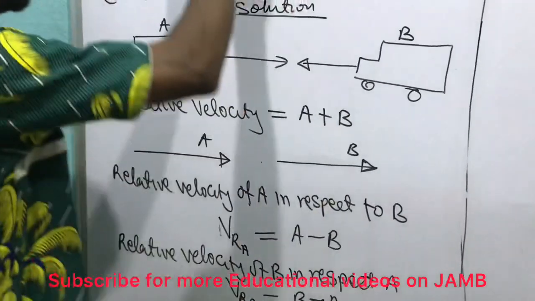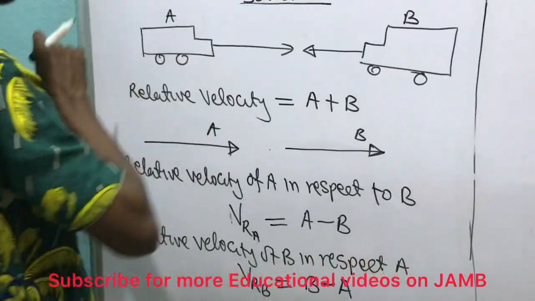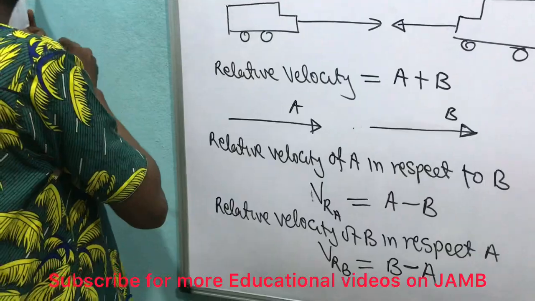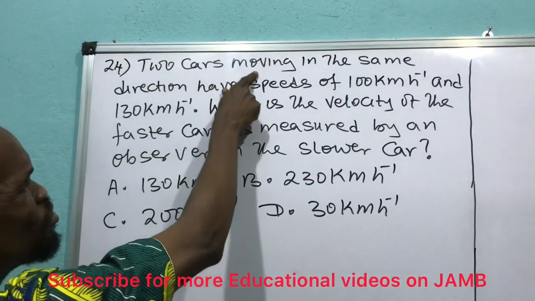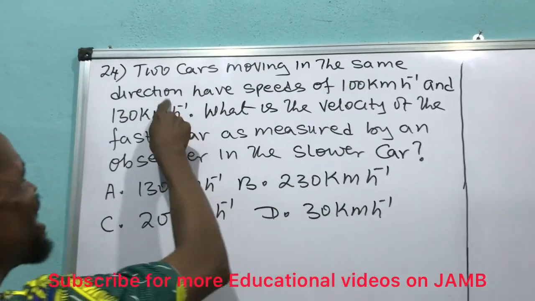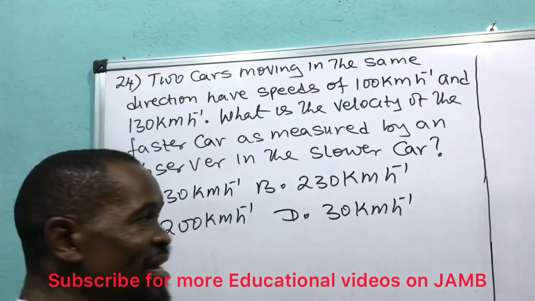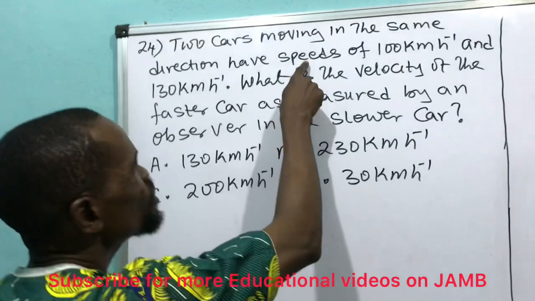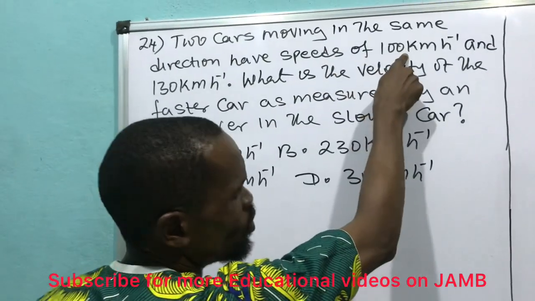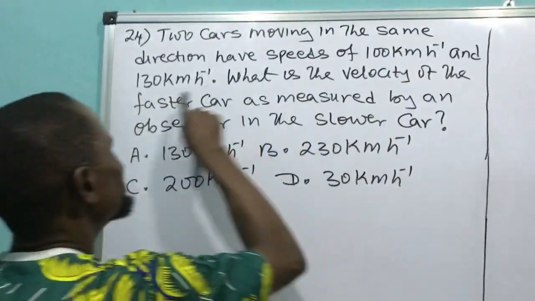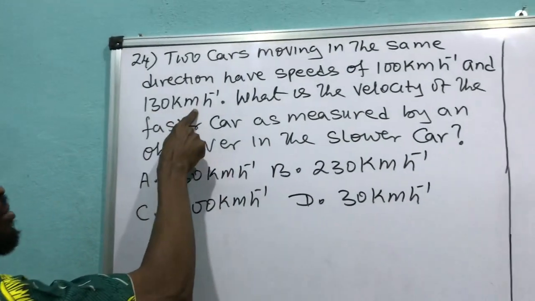Now, in this question, the two cars are moving in the same direction. Look at it. They said two cars moving in the same direction have speeds of 100 kilometers per hour and 130 kilometers per hour.